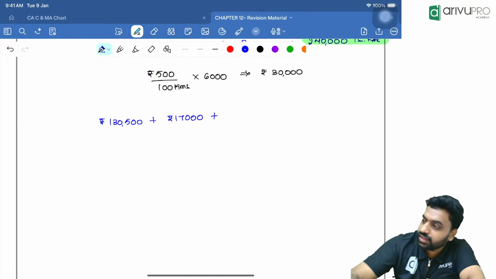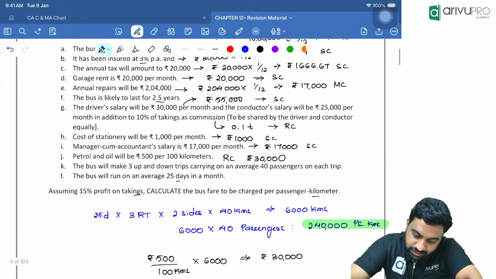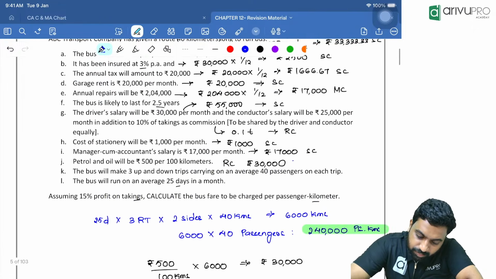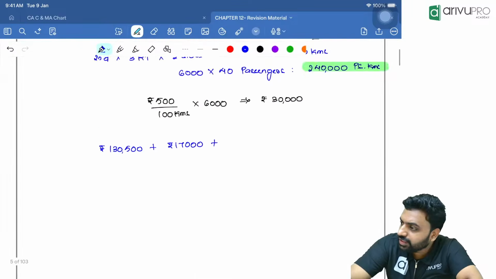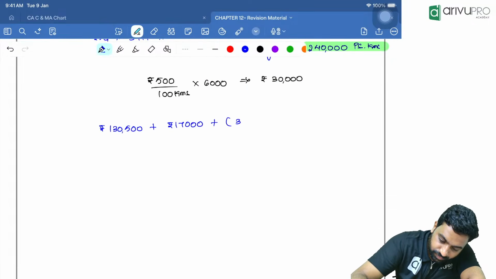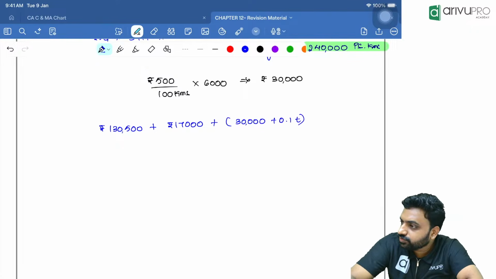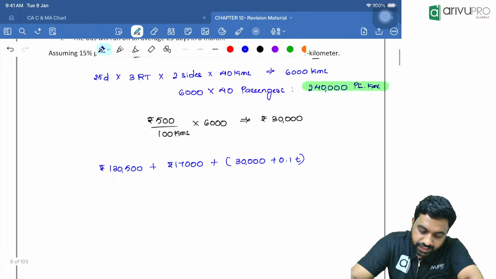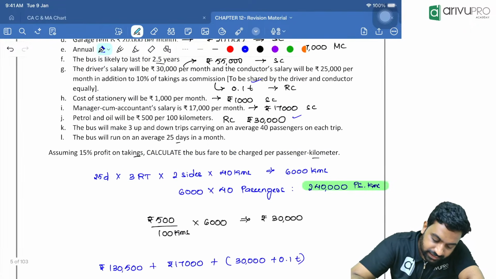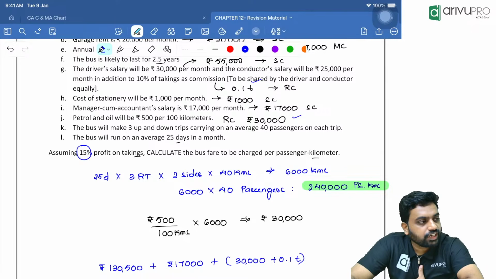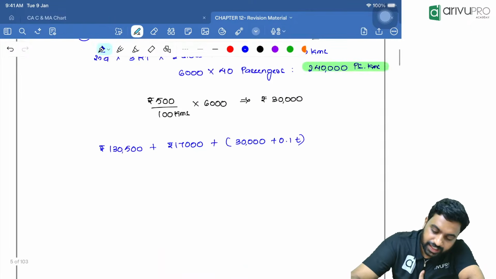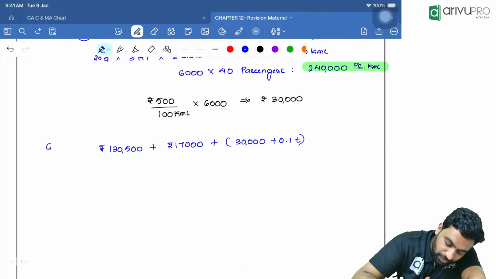Okay. Running charges 30,000 plus 0.1 T. Got it? Next, what they told about the takings: we want to make profit of 15% on takings. Guys, this will be your cost. Correct?